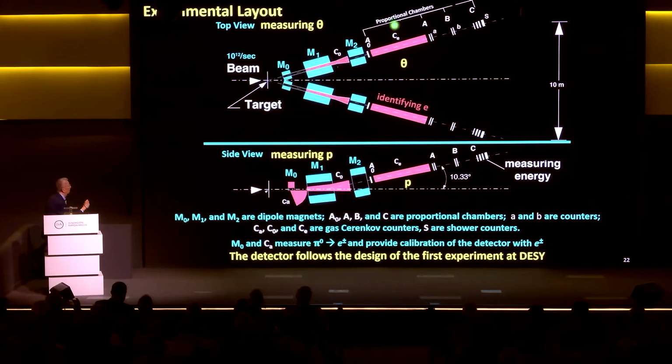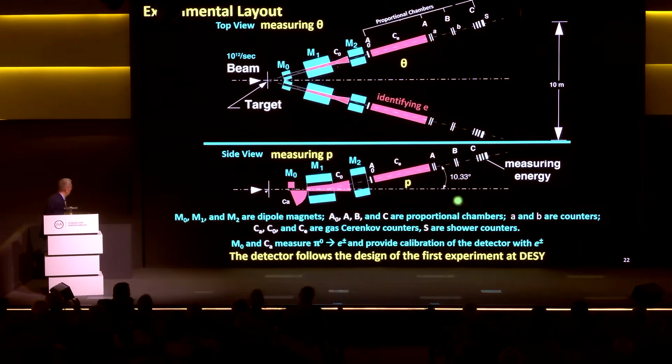Capital A, B, C are proportional chambers. Small a, b, c are scintillation counters. The Cherenkov counter is used to identify the electron-positron pair. The bending is in the vertical direction, and therefore momentum and angle are measured independently.